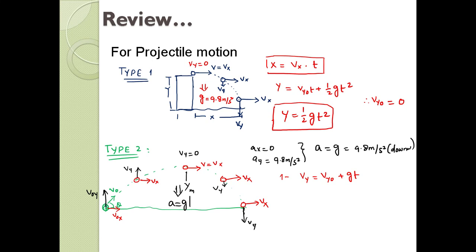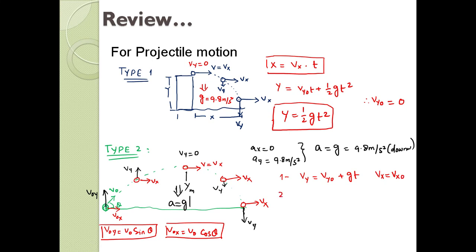The starting point will be V naught y or Vy naught, and V naught y will be equal to V naught sine theta naught, and V naught x is equal to V naught cosine theta naught. So these two equations give the velocity components at the start, and Vy is for another time, and Vx you know is always the same as Vx naught. So no need to change Vx.